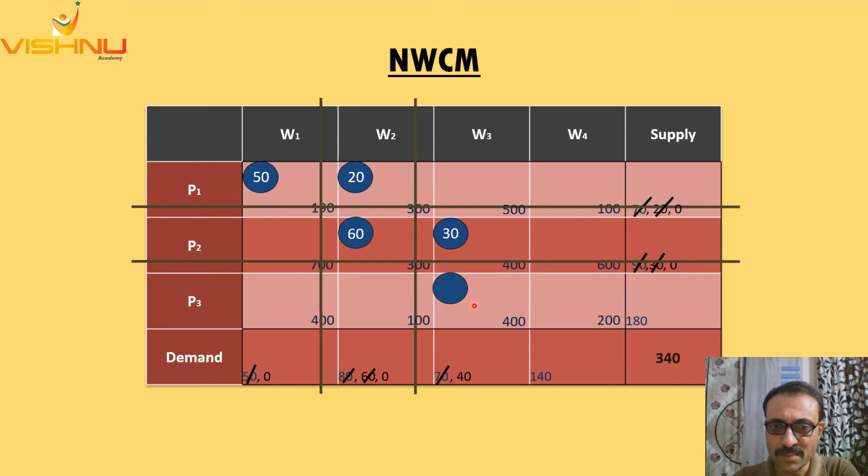And how many units? We have a maximum of 40 units in the column and 180 units in the row total. So we transport 40 units to this particular cell, reduce the column total by 40, bring it down to 0, reduce the row total by 40 and bring it down to 140.